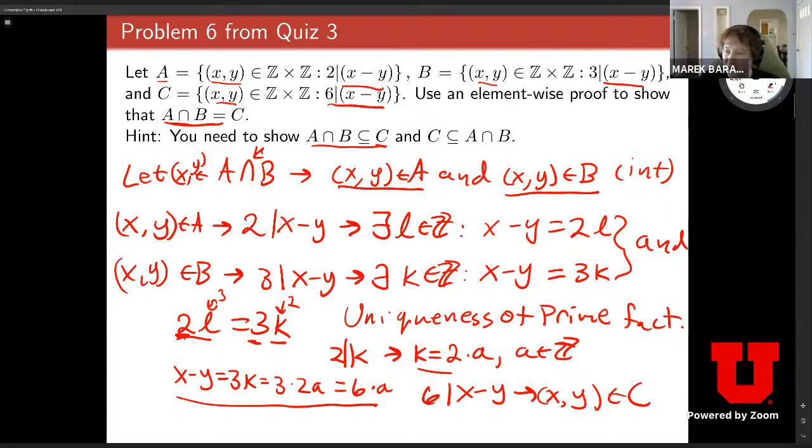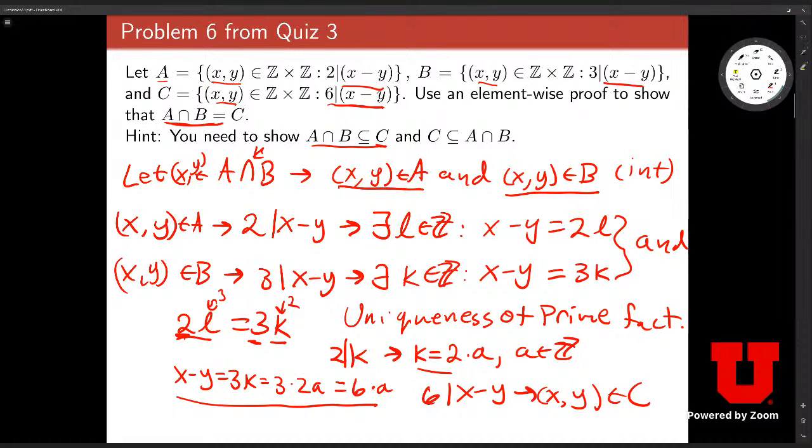I wouldn't have taken off for uniqueness of prime factorization; I hope it's graded that way. So that's the rigorous way to say that. Anything else? Could you remind me what uniqueness means?